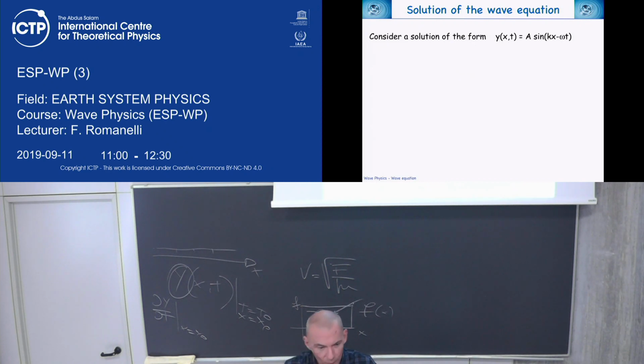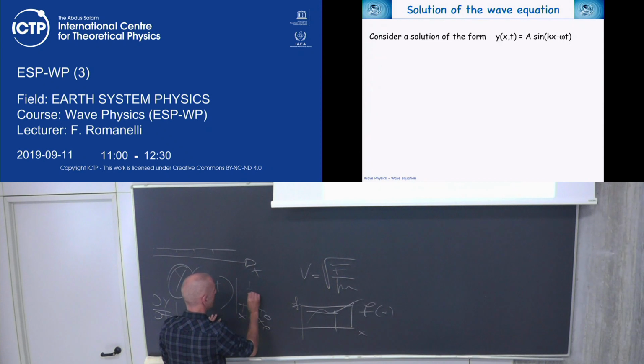We know what plane harmonic waves are, and we know in some way that they are solutions of the wave equation. So let's take something that is a function of space and time, that is purely harmonic. You can guess from the shape of the equation that was in the previous slide.